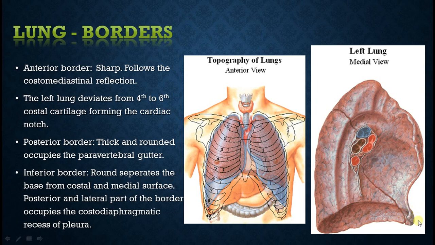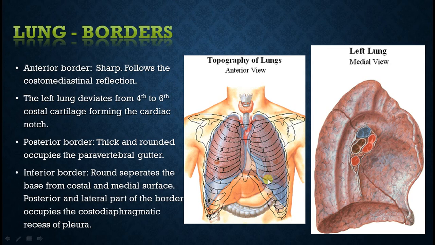Inferior border, as I told you, is round and separates the base from the mediastinal surface, and also separates the base from the costal surface. The inferior border of the lung is present at the sixth rib in the mid clavicular line, eighth rib at the mid axillary line, and 10th rib at the scapular line.